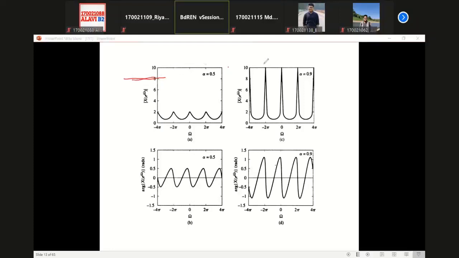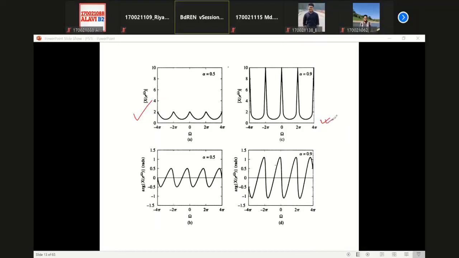For alpha equal to 0.5, your figure is something like this. Is it not periodic with period equal to twice pi? Yes, sir, it is periodic with period twice pi. And if we change the value of alpha to a larger value, say alpha equal to 0.9, the figure will look like this. Now, how about the angle?